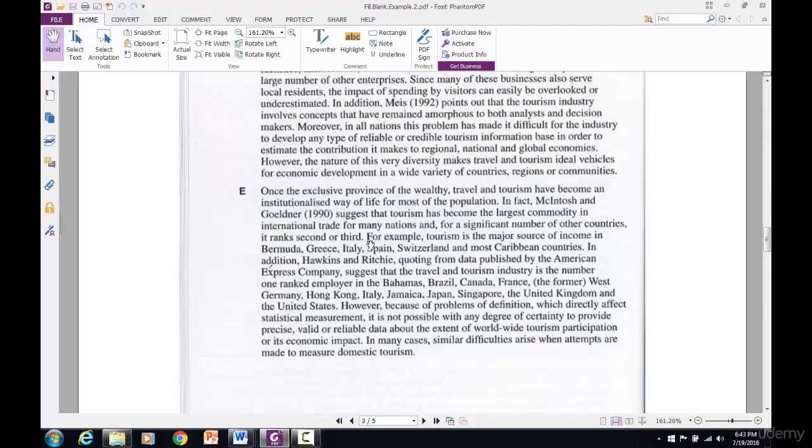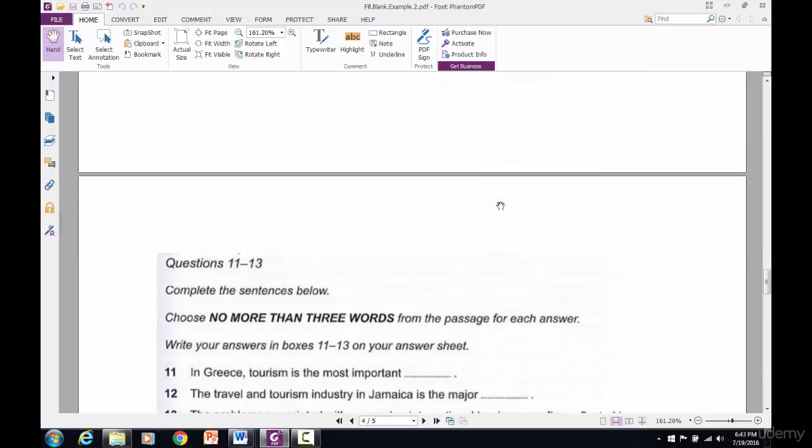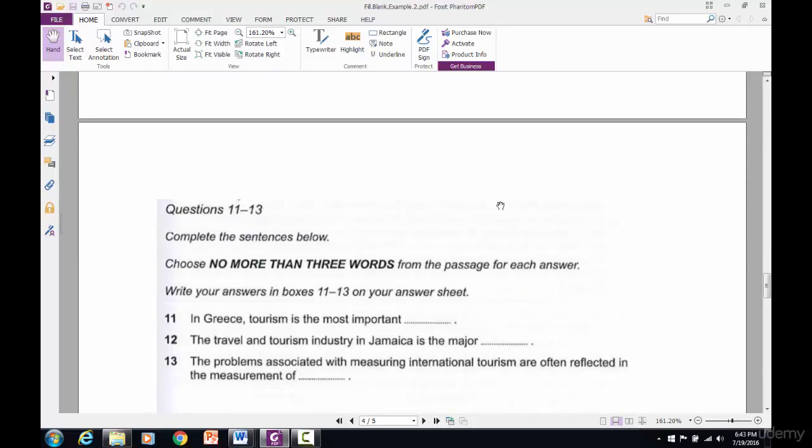All right, so here's our sentence: "For example, tourism is the major source of income in Bermuda, Greece, Italy, Spain, Switzerland, and most Caribbean countries." Let's look back at the question really quickly. Tourism is the most important for Greece.